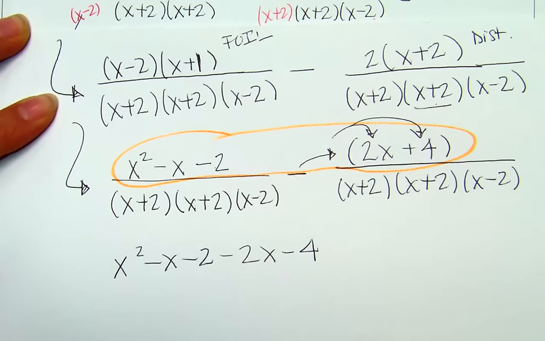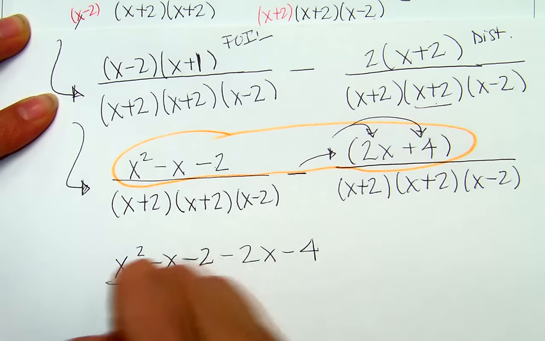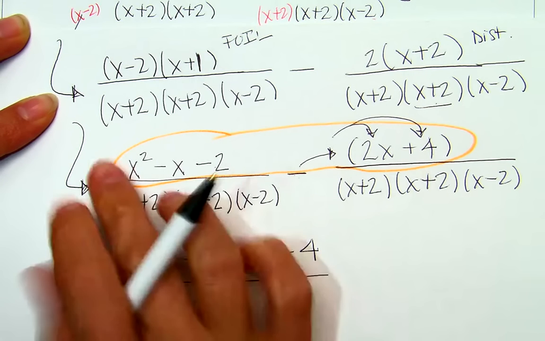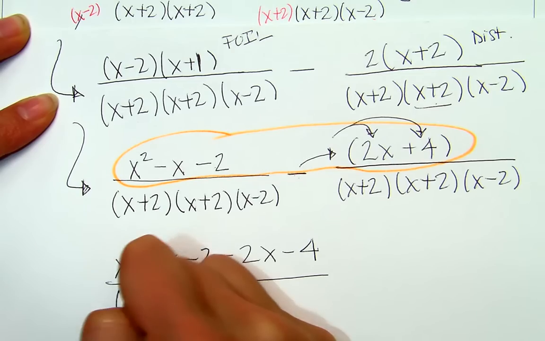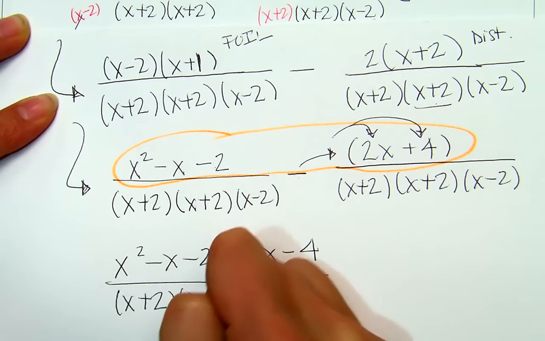So make sure you don't forget that. We didn't have to worry about that when we were adding, but we definitely have to worry about that when we're subtracting. And again, once you combine all your numerators, it's still over that new denominator.